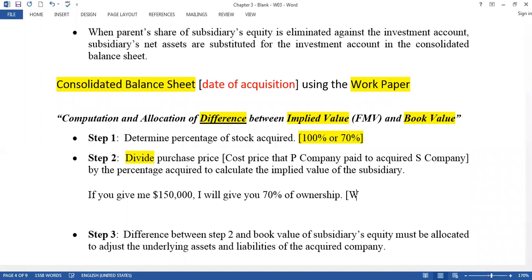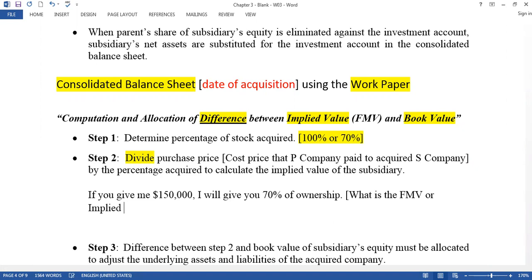the fair market value, or implied value of my company.